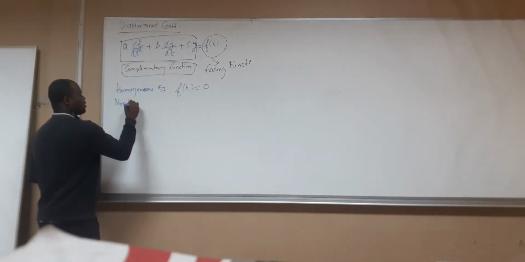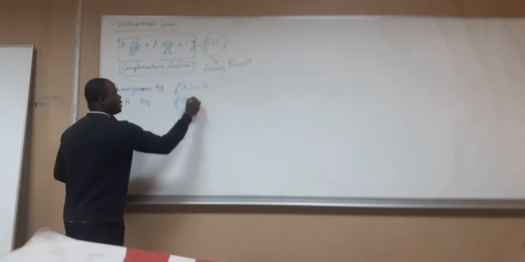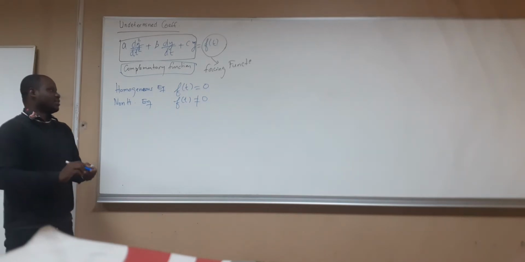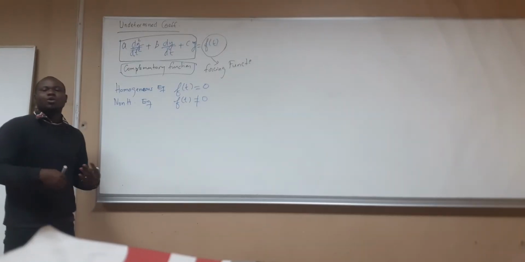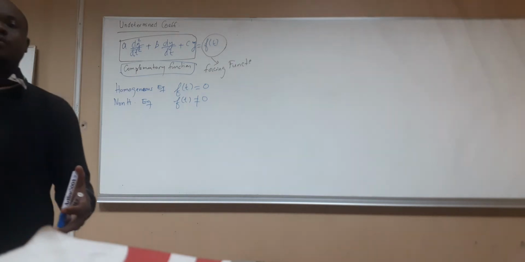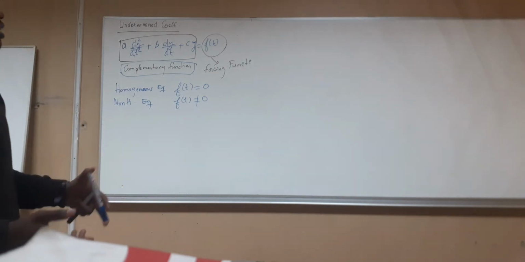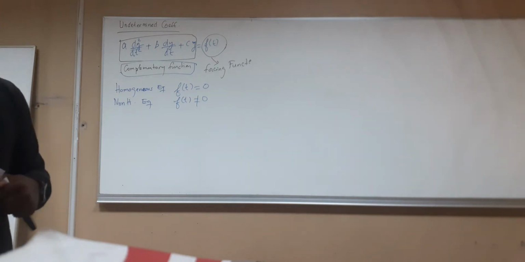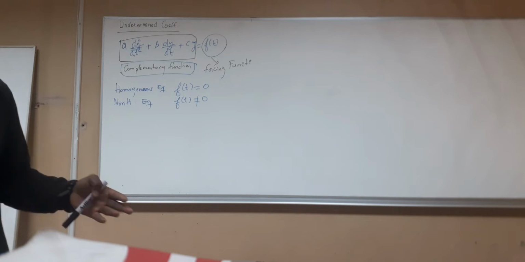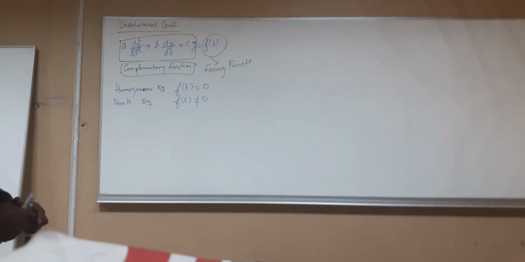But for a non-homogeneous equation, your f of t is different from 0. What I mean by that is your forcing function can be a constant, an exponential function, a trigonometric function, a linear function, or a quadratic function.